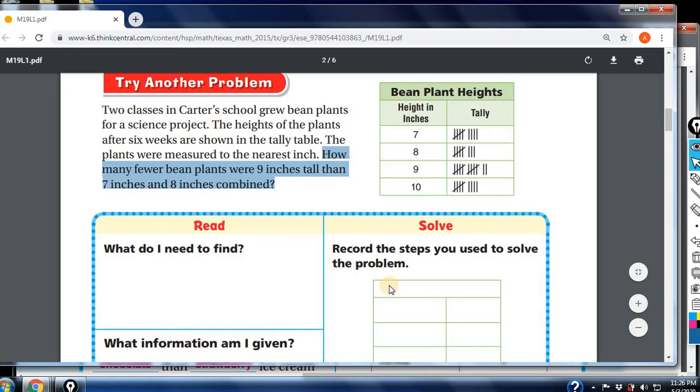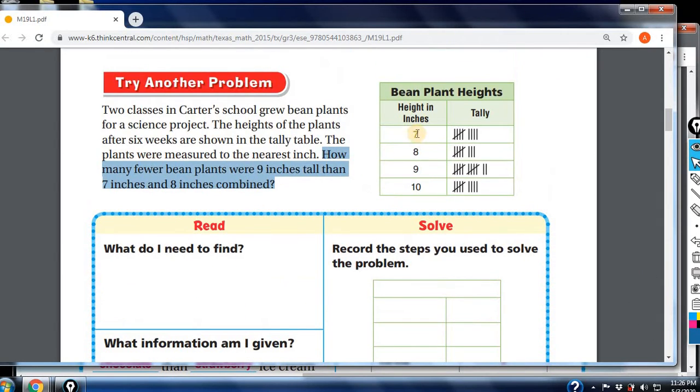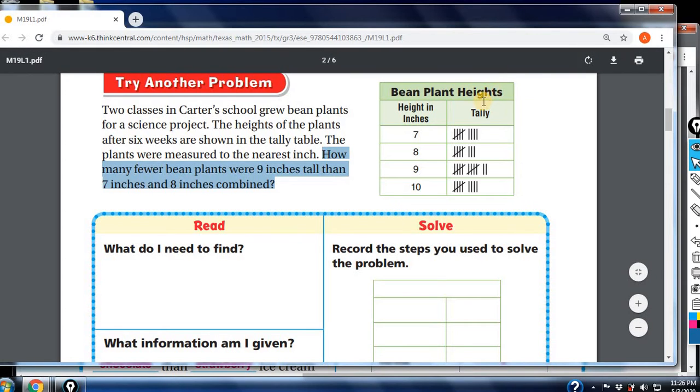Okay, so let's go ahead and fill this part here first. What do you need to find out? Well, we already highlighted that. This is what you put right here. You're going to find out how many fewer bean plants were 9 inches tall than 7 inches and 8 inches combined. What information are you given? Well, you're given the bean plant heights in inches and the tally marks.